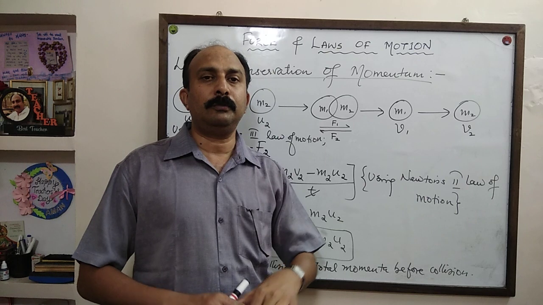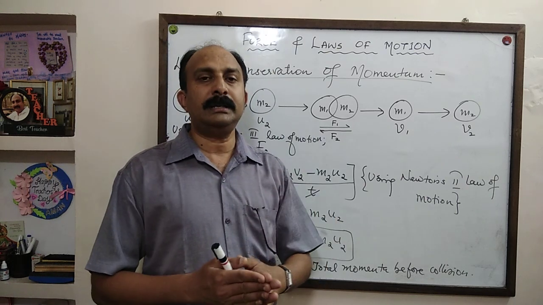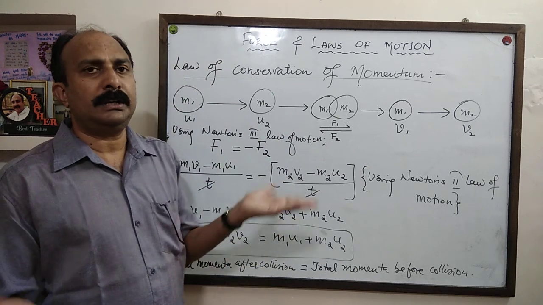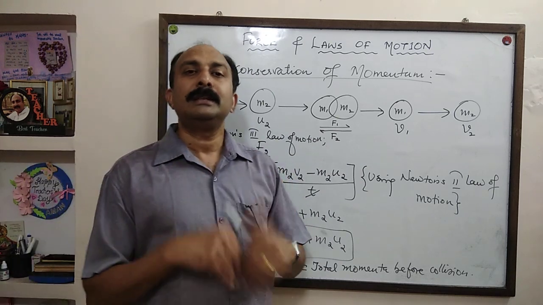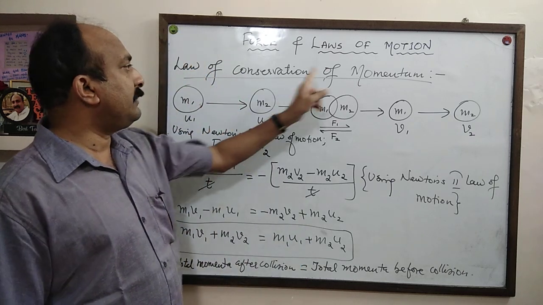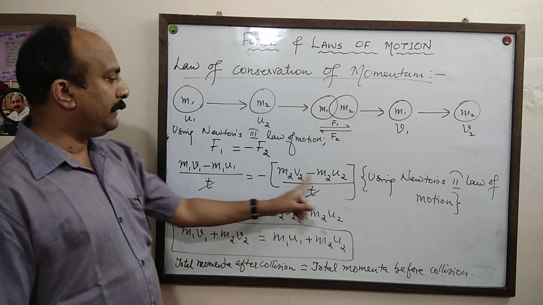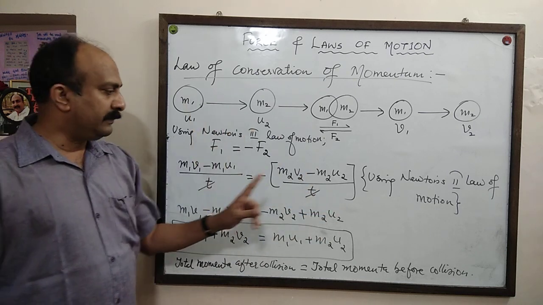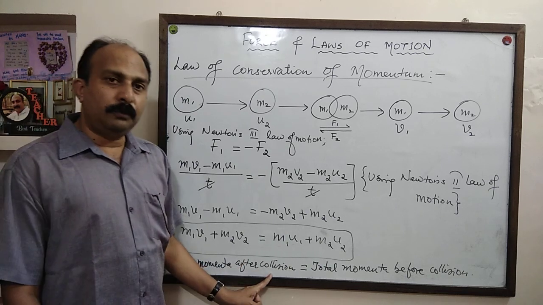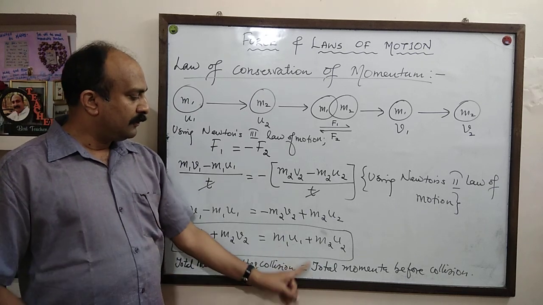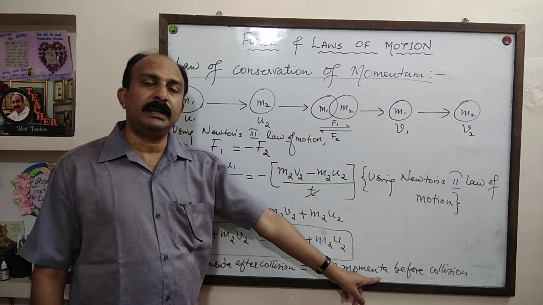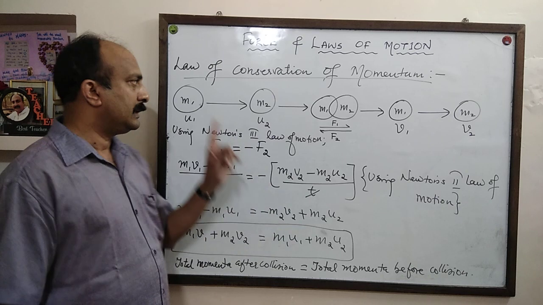So momentum of the two bodies is conserved or remains constant before collision and after collision. So momentum is not lost anywhere. That way it is called law of conservation of momentum. I repeat, law of conservation of momentum states that total momenta of two bodies before collision will always be equal to total momenta of the same two bodies after collision.